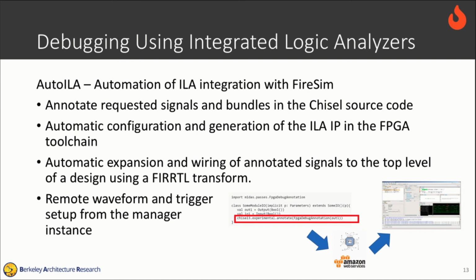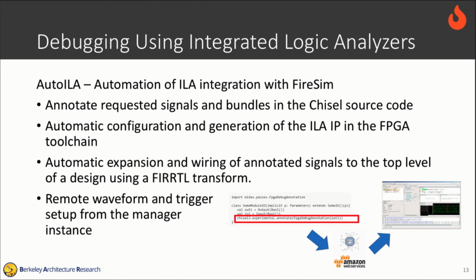But we write in Chisel, and we don't want to interact with the Verilog too much, and we don't want to start instantiating the ILA blocks through Vivado manually. So we kind of automated this process for FireSim users. So basically, with a single annotation called FPGA debug annotation, we can annotate a Chisel signal in our source code, and that will automatically generate the ILA IP during the synthesis process.